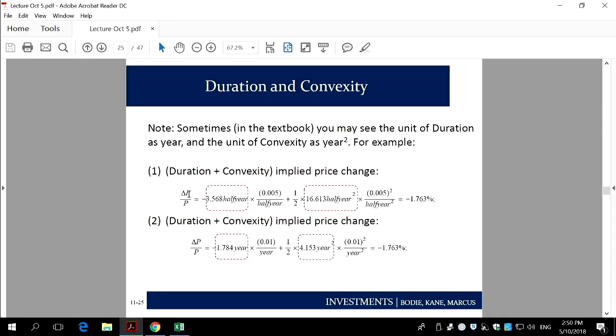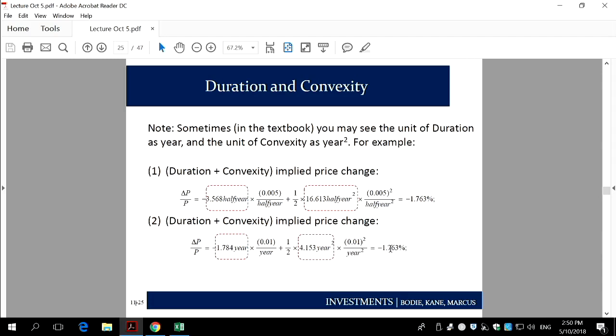Eventually, your percentage of price change is just a number. It has no unit. If you want to write everything in terms of year, then everything becomes a quarter of that size, but eventually the final result would be the same.